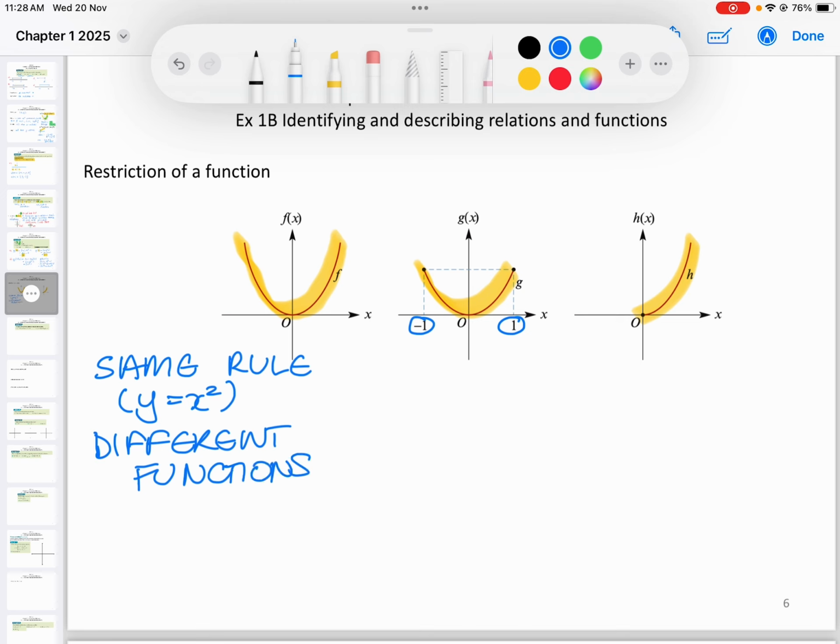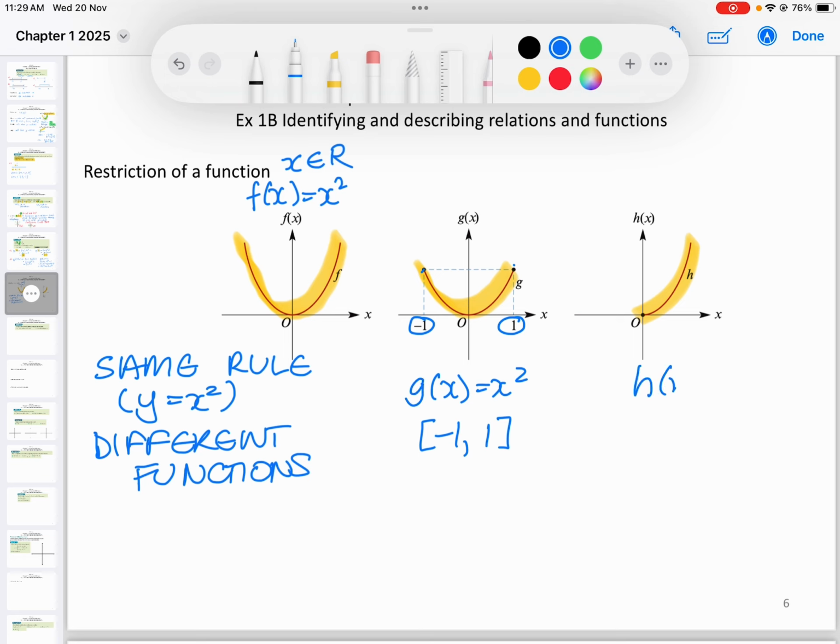So the first one here, we're going to say this is f of x equals x squared, and our domain, x is all the numbers, the real numbers. X is an element of R, x can be anything. This function is still x squared, but its domain is -1 to 1, with those included because of our closed ends here. This one here, actually, silly me, that's not f of x, that's g of x.